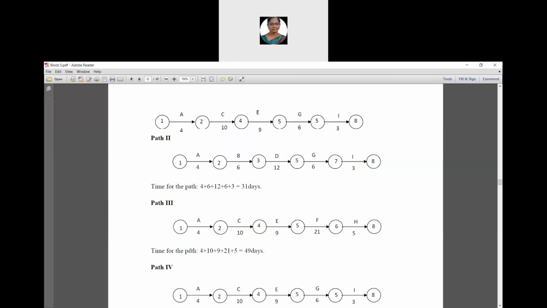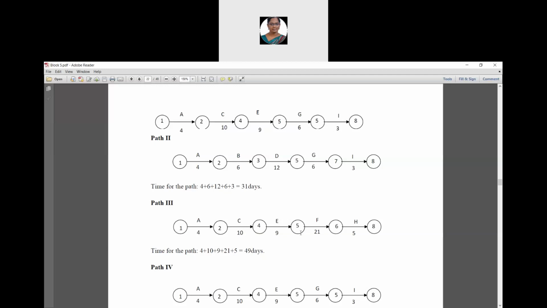Then path 3 starts from the starting node 1 and stops with the ending node 8. So 1 to 2 has an activity A and its corresponding time duration value is 4, and 2 to 4 has an activity C and its corresponding time duration is 10.